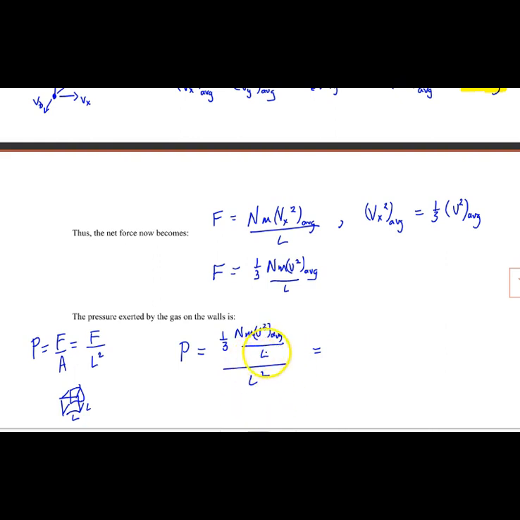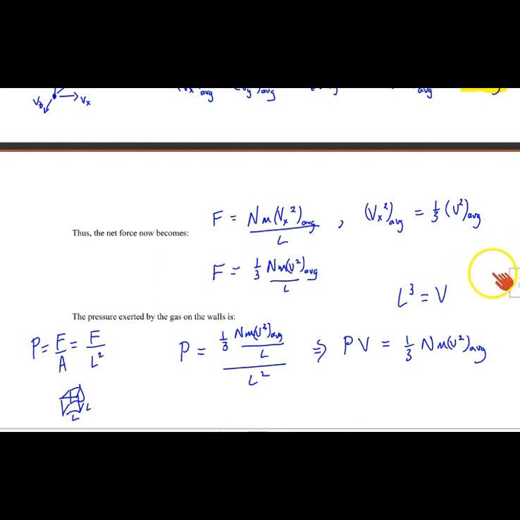So let's bring that L cubed over to the other side, and so you'll get P times L cubed. And if you recall, L cubed is just really the volume of the cube. So the pressure times the volume is equal to 1/3 nmv squared average. And we've got this nice little expression there.